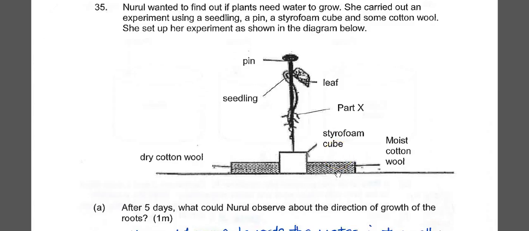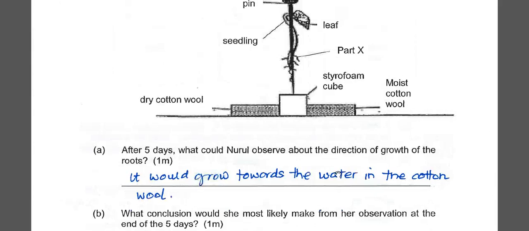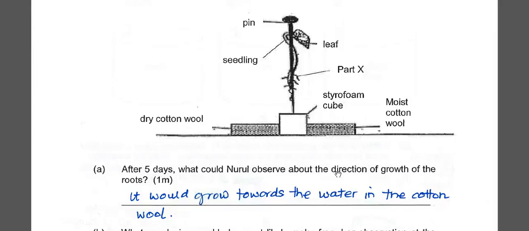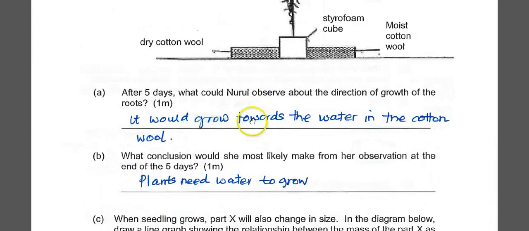Now after 5 days, what could she observe? I mean, what would you expect? The root will grow towards moist cotton wool because of water. It will grow towards the water in this cotton wool, but not here. There is no water here. So it grows towards the moist cotton wool.